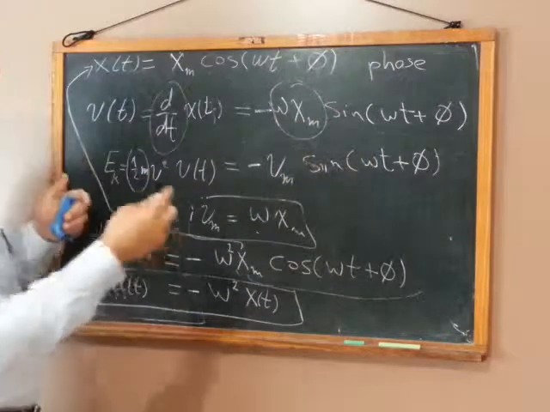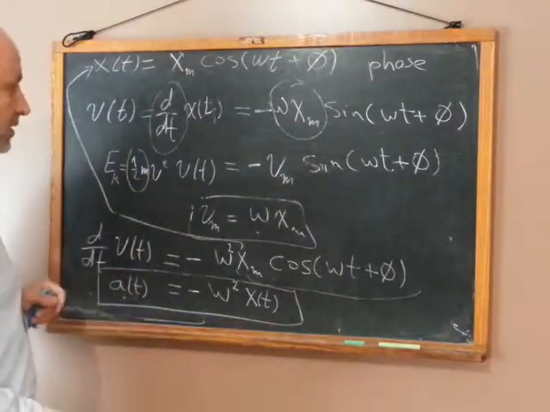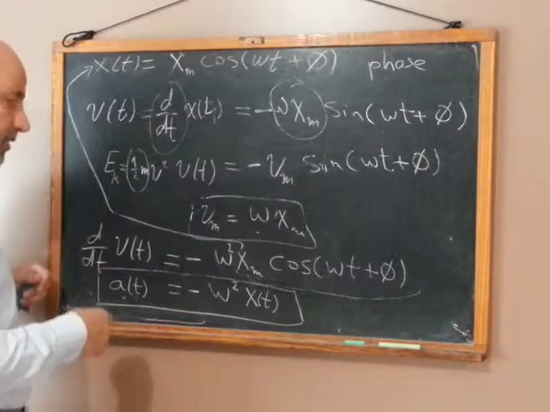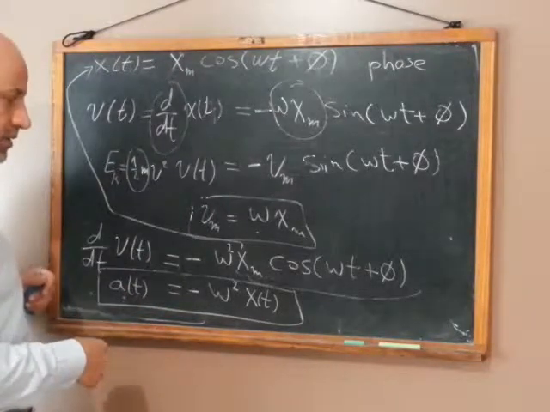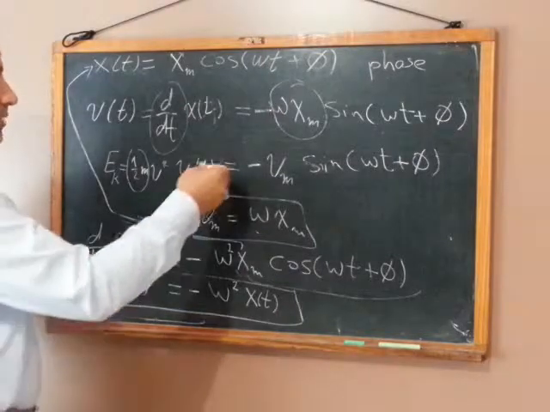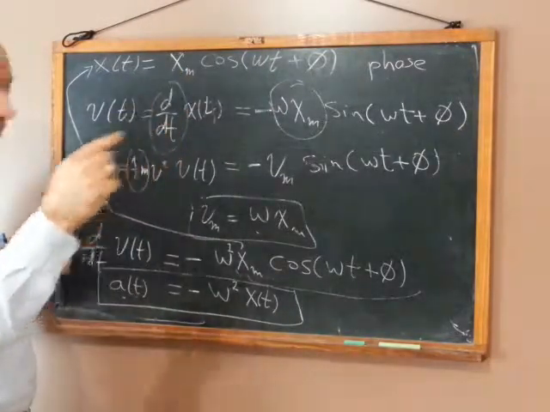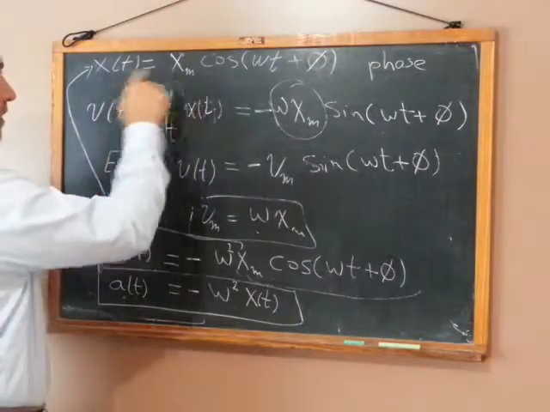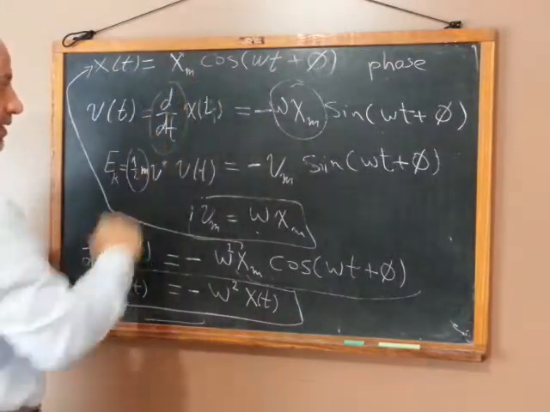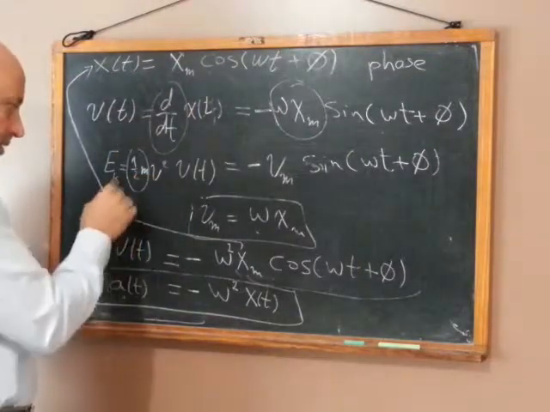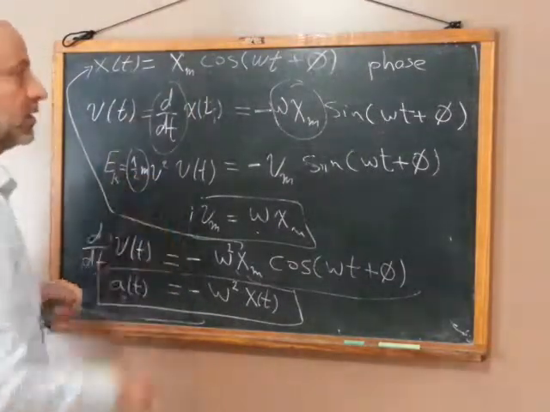Then we get the kinetic energy of the wave itself. We can get the potential energy also by using the position: 1/2 k x squared, where x is this, and we square it. And then we can find the relation between these, the total energy, kinetic plus potential.